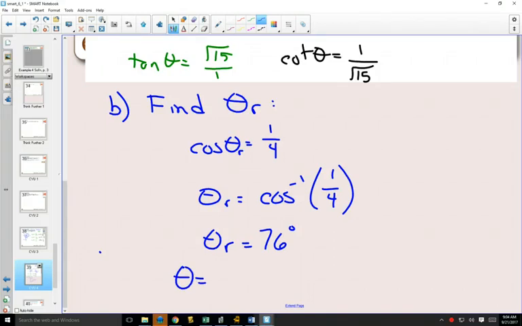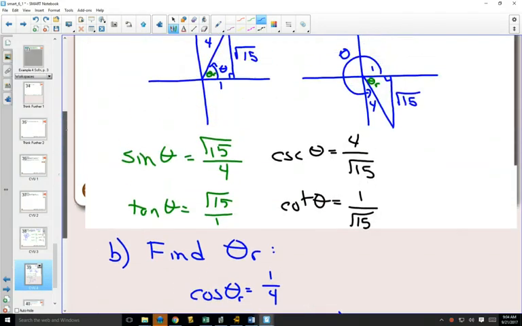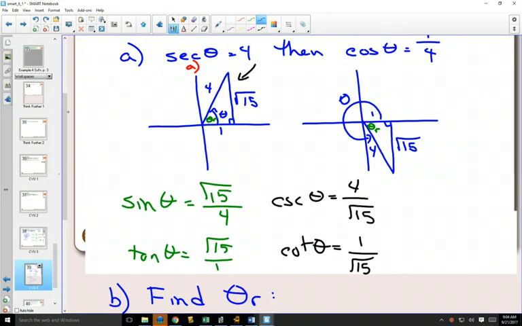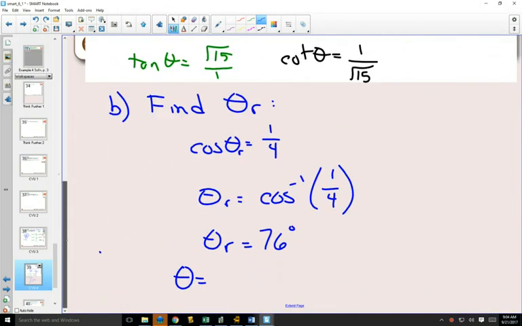Let's write out our positive answers. If the reference angle is 76 degrees and we look at our first diagram here, what's our actual angle? 76 degrees. Don't you wish math was always that easy?